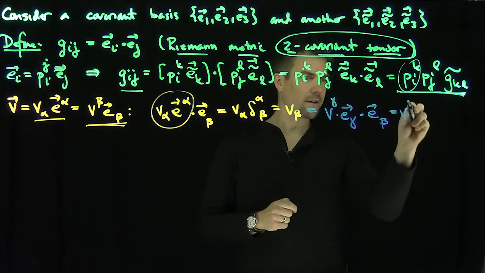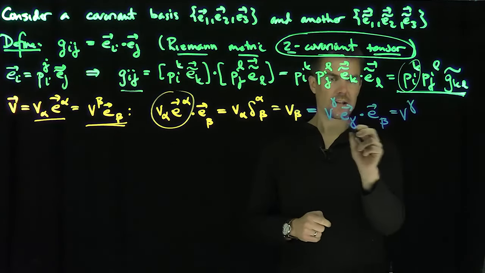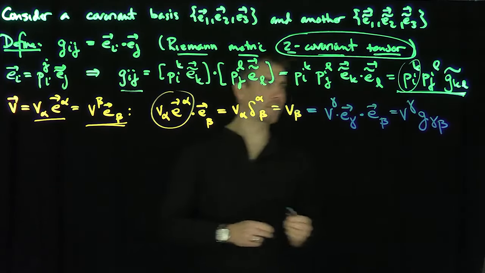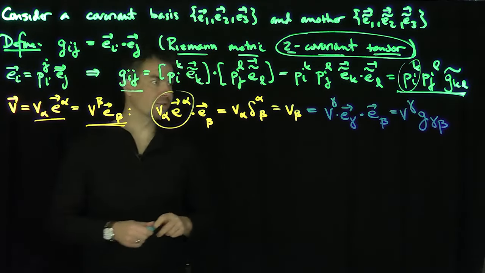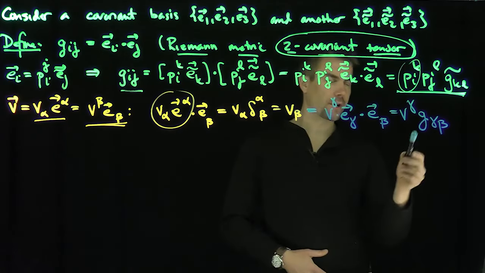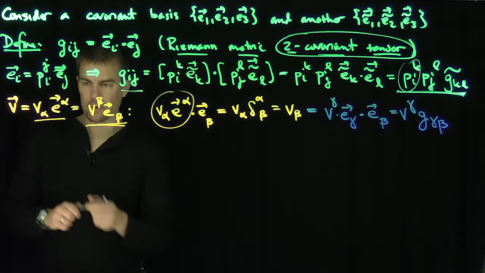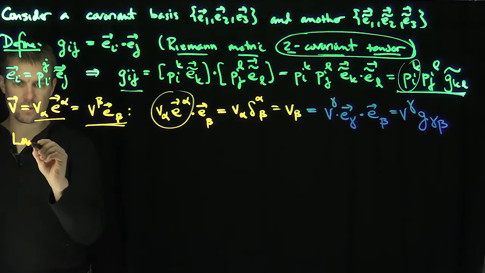And so this is going to be V gamma upper, and this is G gamma beta, right? And so what we've proven over here is that if I have an index over here, I can lower the index by multiplying by this metric tensor. And so here is our lowering operation.